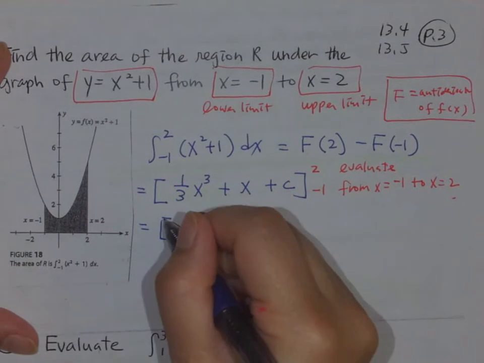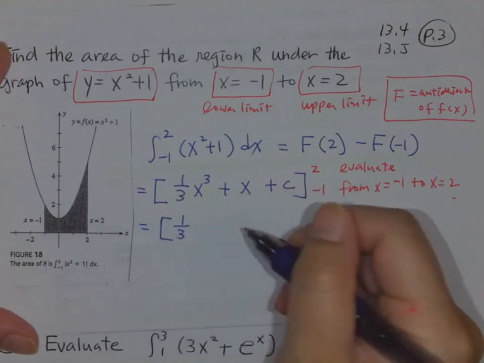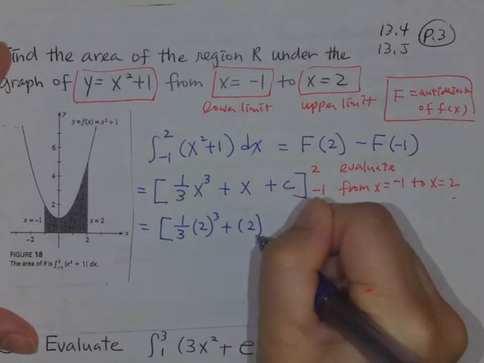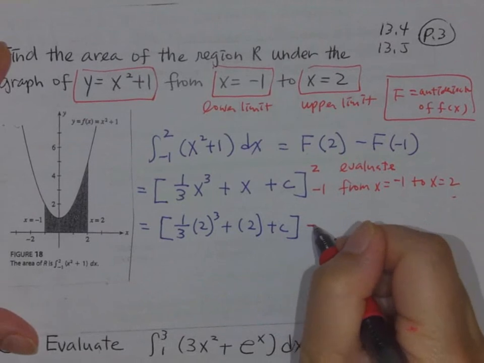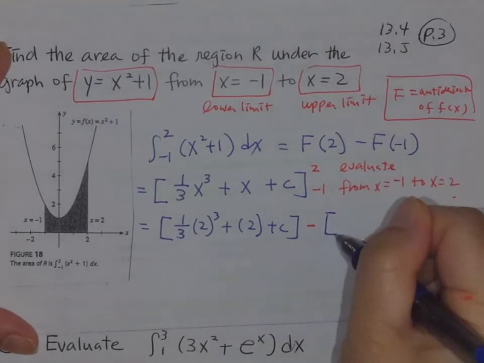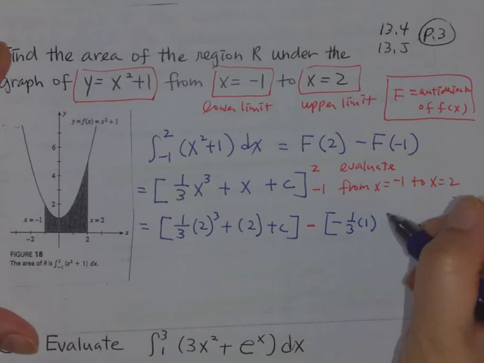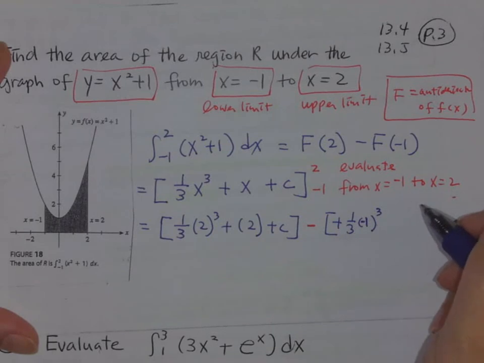On the test, make sure you show the steps, otherwise I cannot give you full credit, okay? Plug in 2: 1/3 times 2 to the third power plus 2 plus c, subtracting plug in the lower limit, which is positive 1/3 times negative 1 to the third power.